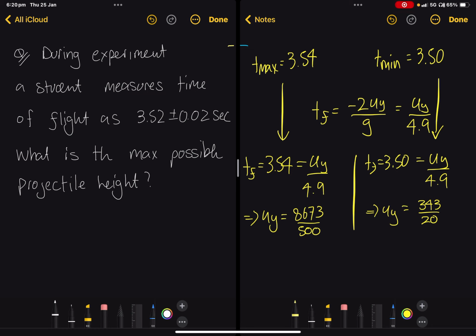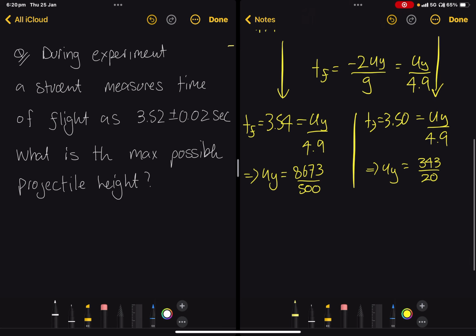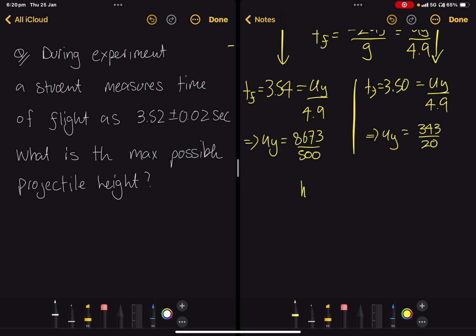We now need to find the maximum height. Now we have a formula for finding height. We know that the maximum possible height is the negative of uy squared over 2 times g. And this is actually the same as uy squared over 19.6.